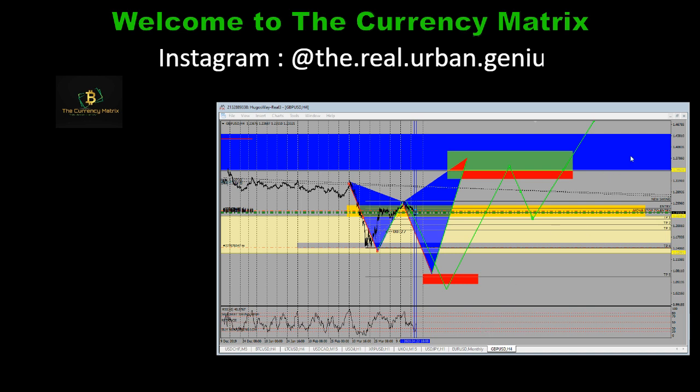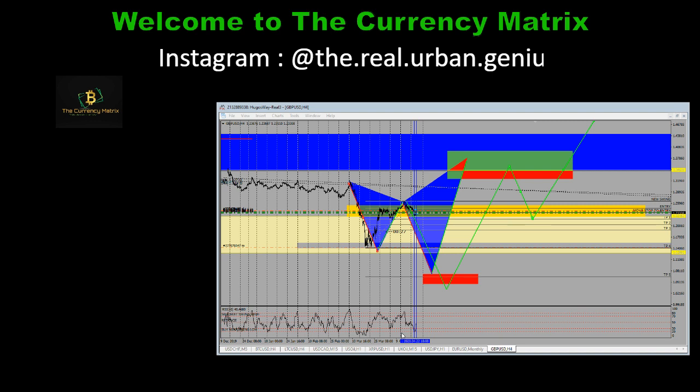All right, now let me go back to the MT4. All right, my chart's back up for you. So there's the harmonic pattern.